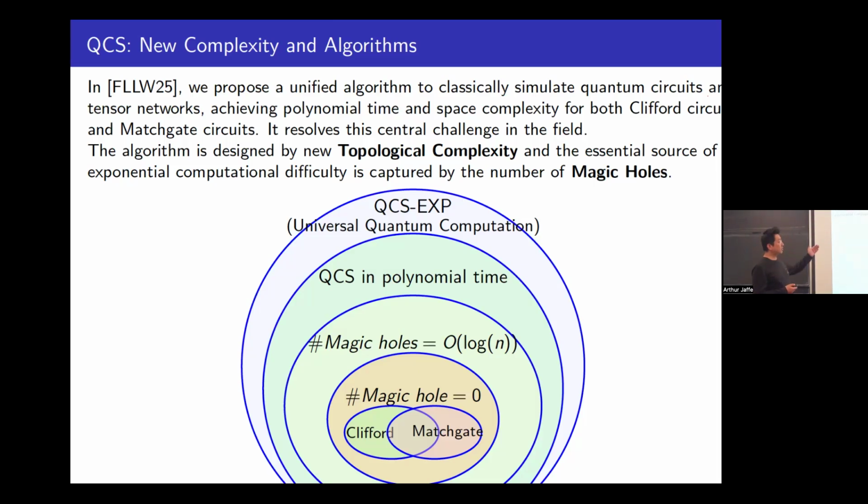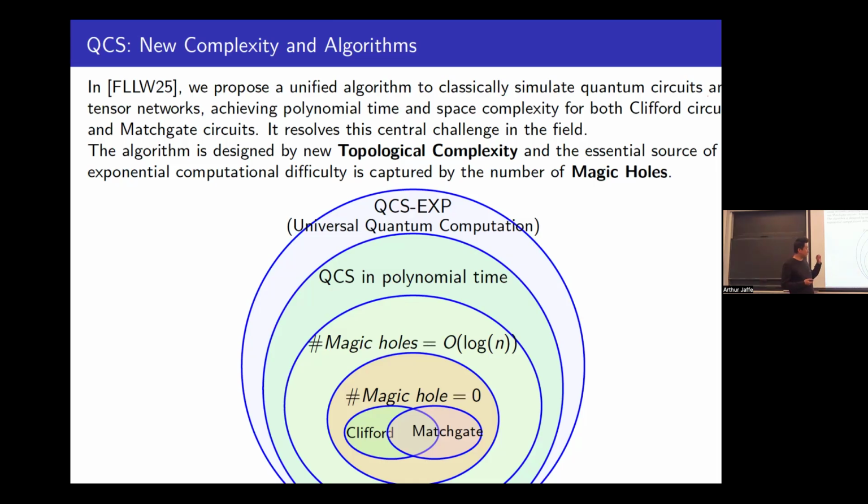In general, we can write down those tensor networks by pictures, and it may involve many magic holes. So in principle, it can be exponentially difficult. But sometimes we can compute that in polynomial time, in particular when the number of magic holes is logarithmic. Just like the previous case, once the magic resource is logarithmic, then we can expand every single term into 2 terms, and then we can solve that in polynomial time.